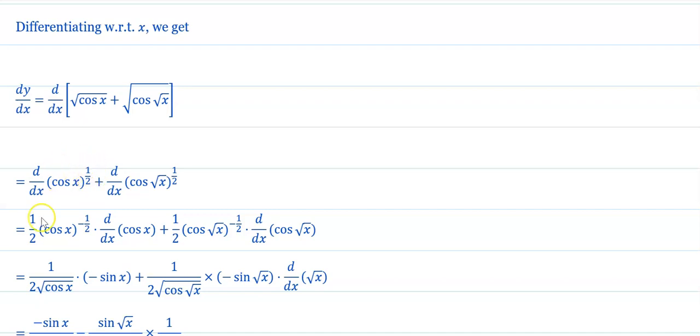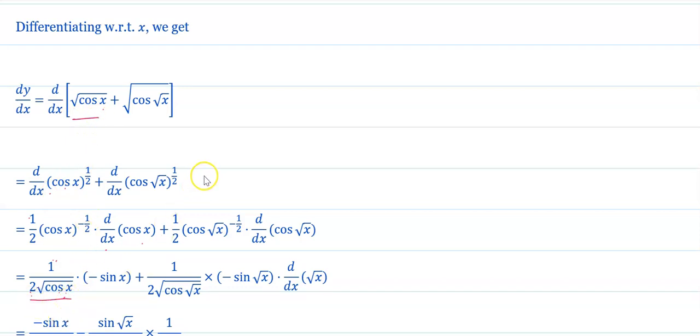Then while differentiating, how do we bring the power? We bring it forward and subtract one from it. And you can write directly d/dx of root of cos x is 1 upon 2 times root of cos x into d/dx of this cos x, or you may perform it like this: d/dx of cos x raised to 1 upon 2, 1 upon 2 is here, 1 upon 2 minus 1, here is a minus 1 upon 2. We can make this power positive, and that is nothing but the root of cos x. And hence we write here 1 upon 2 times root of cos x. And hence directly the derivative of root of cos x is 1 upon 2 times root of cos x.